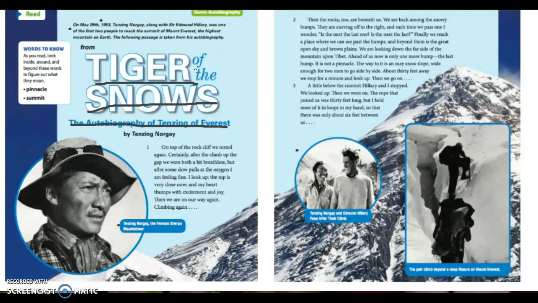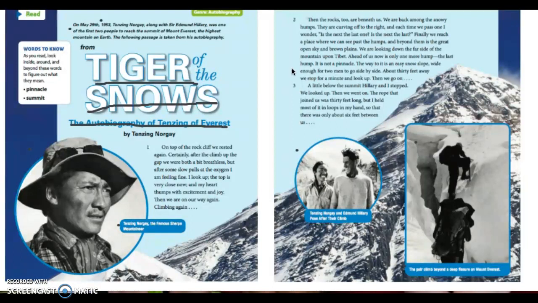Beyond them is a great open sky and brown plains. We are looking down the far side of the mountain upon Tibet. Ahead of us now is only one more hump, the last hump. It is not a pinnacle. The way to it is easy snow slope, wide enough for 2 men to go side by side.